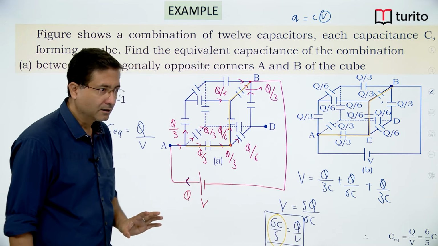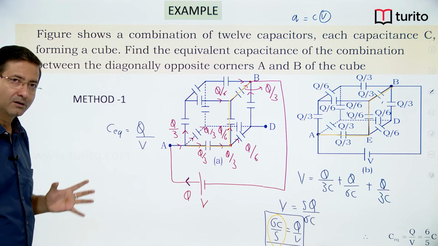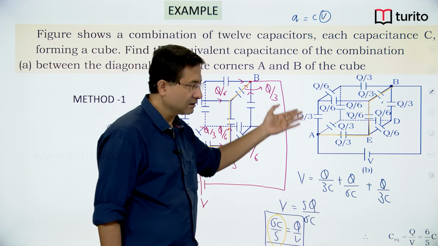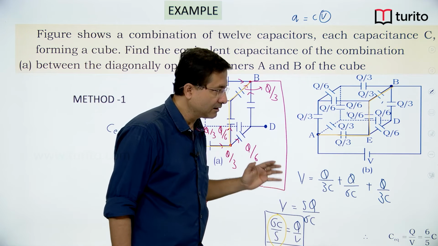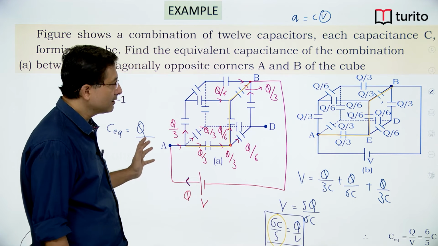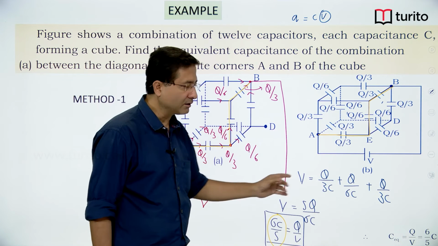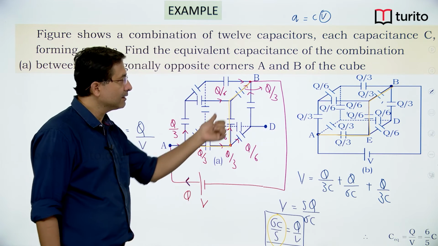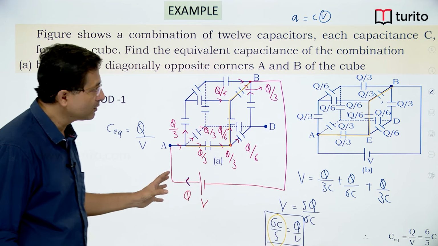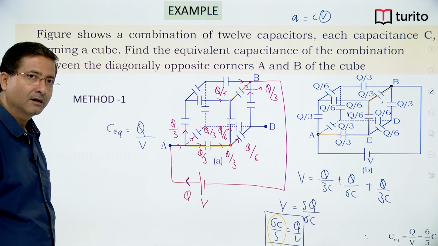If you can reduce the circuit, if you are getting a series parallel combination, then you can directly simplify the circuit. If it is not possible to reduce the circuit, then this is the only option left: you connect a V volt battery and then simplify. I hope this whole thing is clear.